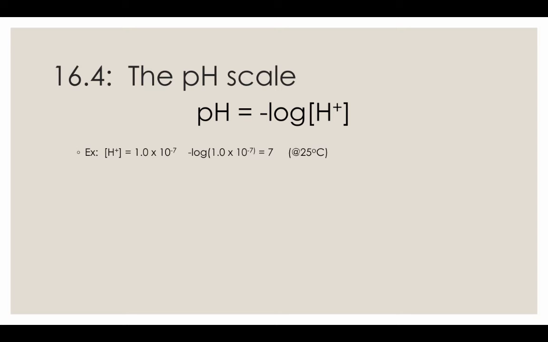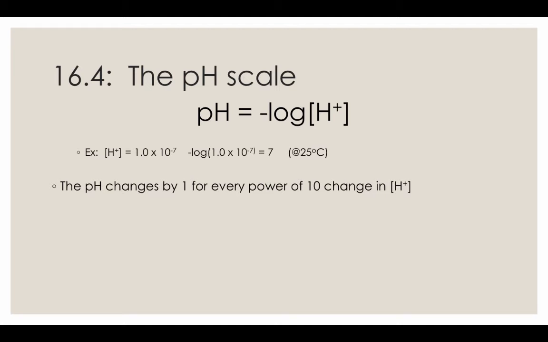Interestingly, at temperatures other than 25 degrees Celsius, the neutral pH will not be 7. At temperatures above 25 degrees, the neutral pH will be less than 7. At temperatures below 25 degrees Celsius, the neutral pH will actually be greater than 7. It's important to note that this is a logarithmic scale.